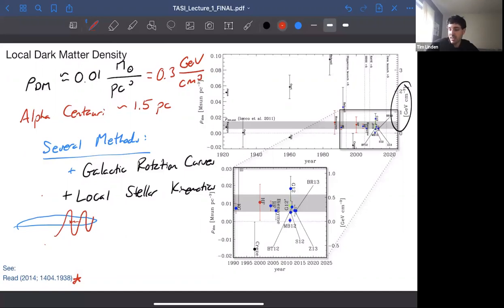So if you calculate the velocities of stars, their z velocity with respect to the plane perpendicular, you can get some sort of calculation of the distribution or the total mass of the dark matter component and separate it from baryons.